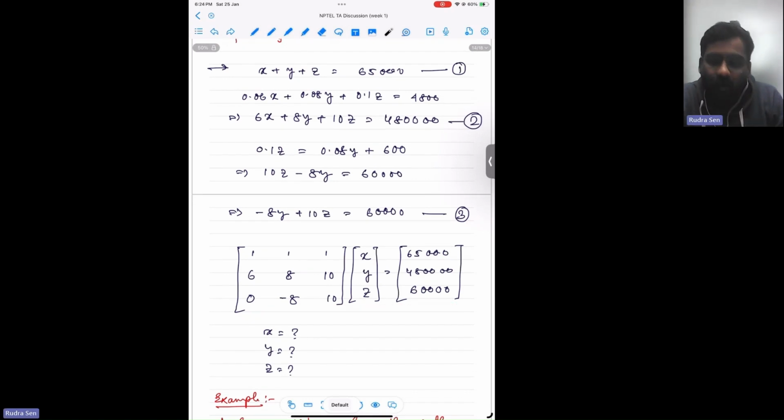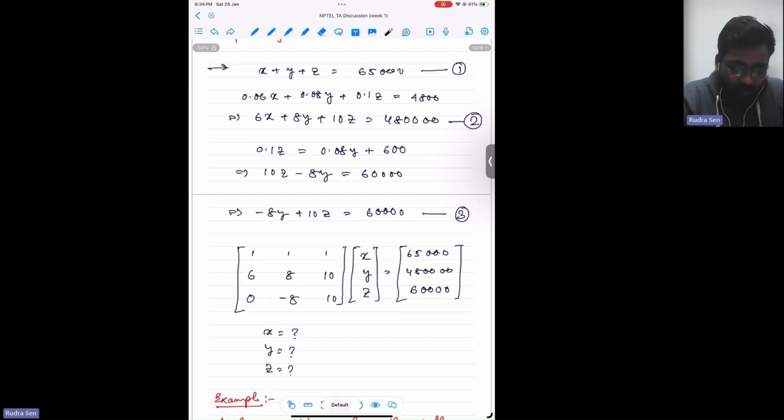Now you have to do the Gauss elimination method. I'm not doing it because, I mean, you just have to make this term 0, and then you will get a pivot element somewhere here. And after getting the pivot element for the second row, because already you have a pivot element for the first row, you do not need to exchange rows. We need to make this term 0, this term is already 0.